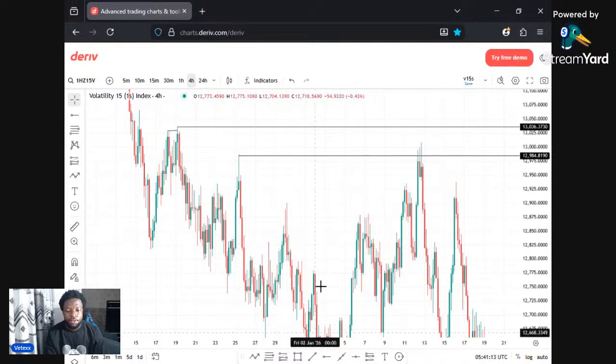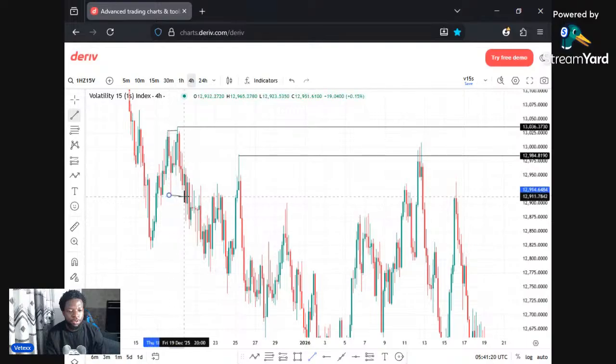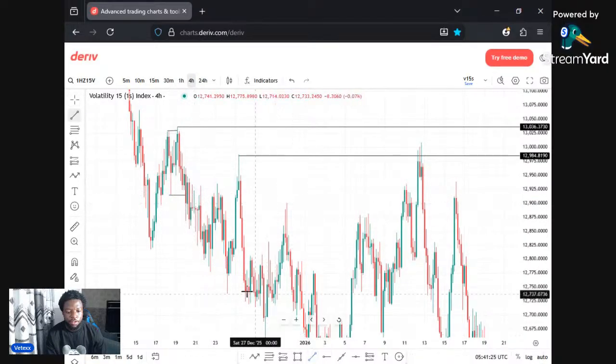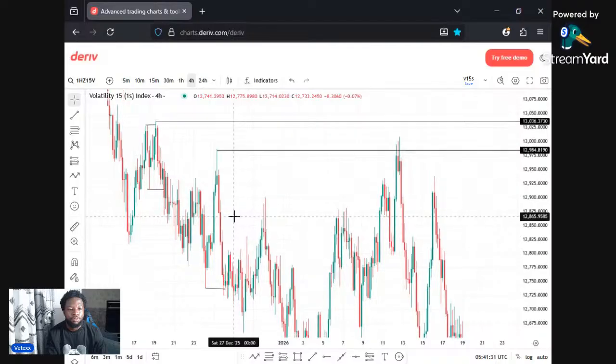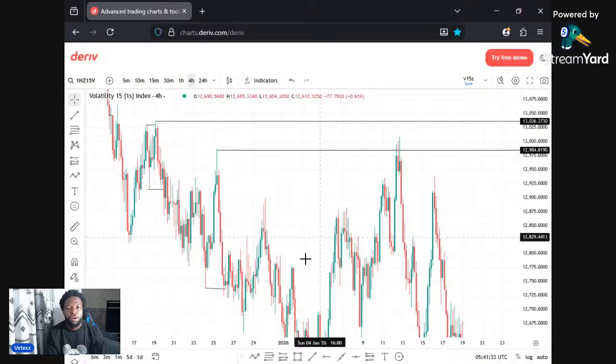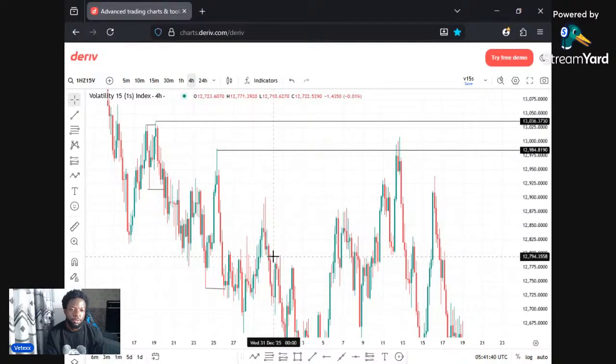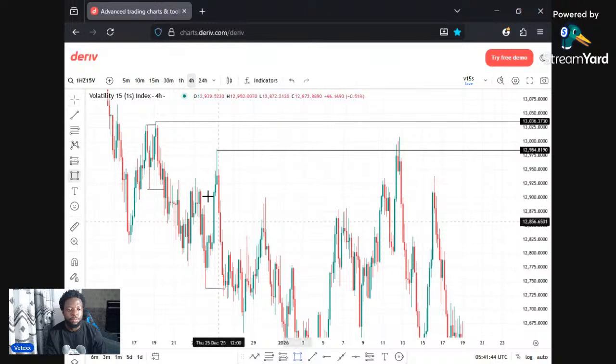And this right here is our first break of structure. This here is our second break of structure, which makes it an A plus continuation, an A plus setup. You can call the 4 hour time frame a structure, and then the lower time frame a setup. So we can say this is our A plus structure on the 4 hour time frame.